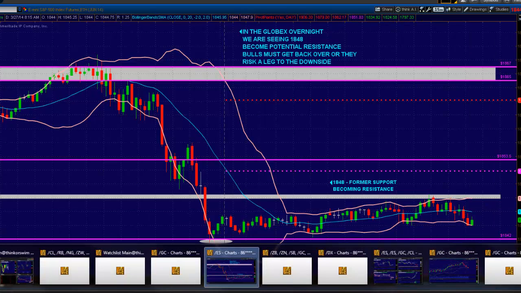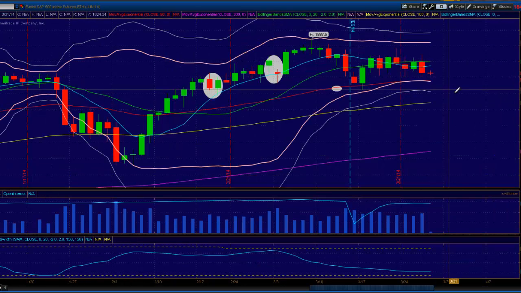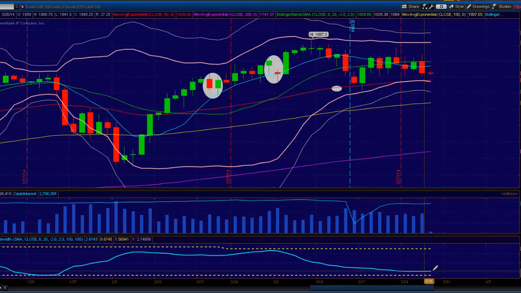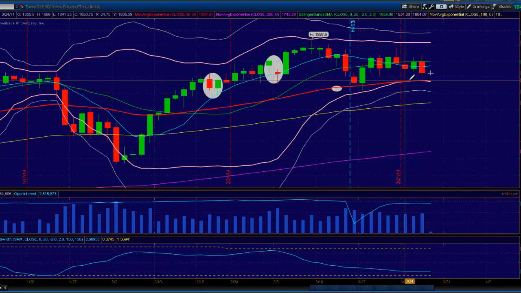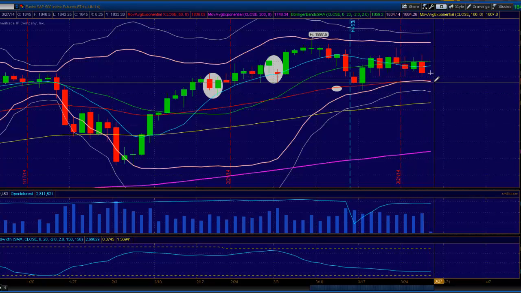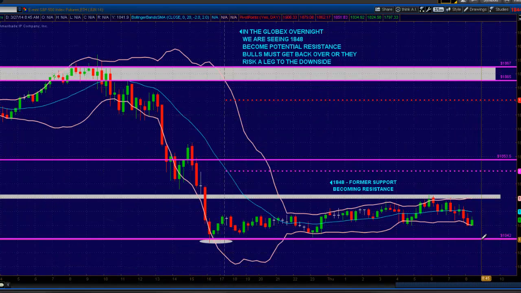I was pointing out to my subscribers last night here on the daily chart that we are seeing the Bollinger Bandwidth indicator flatten out, and we are starting to see the bands begin to slightly expand. If that expansion continues and coincides with a break of 42, then you should start to see potentially downward expansion.